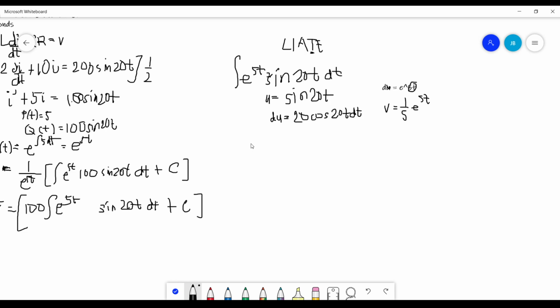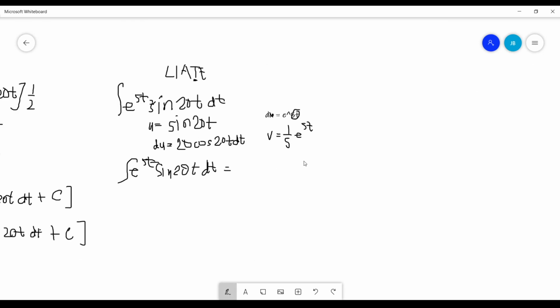So we write once again the integral of e^5t sine 20t dt is equal to uv, so sine 20t times e^5t over 5, minus the integral of v du.